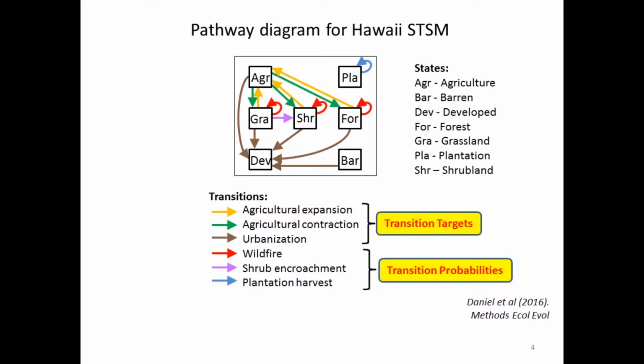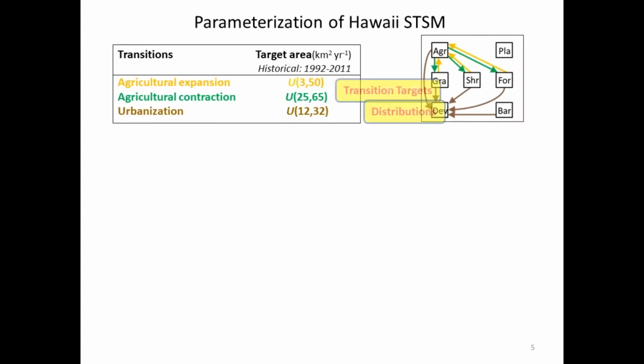So to relate these to the features in the software, we had transition targets set for some of the transitions, and others were modeled by probabilities. And that was really based on what kind of data we had to parameterize the transitions.